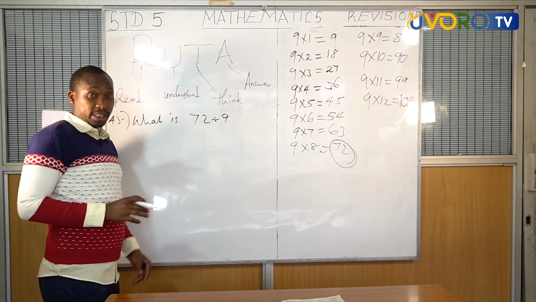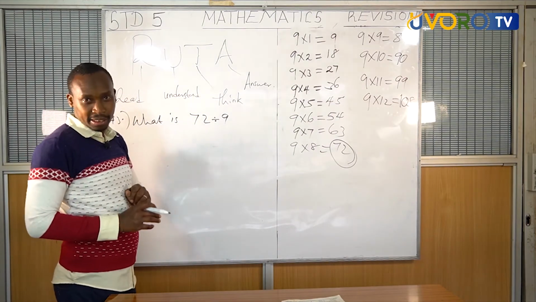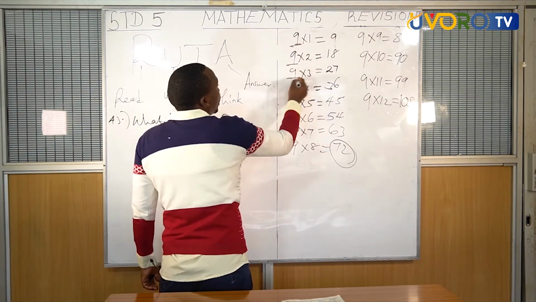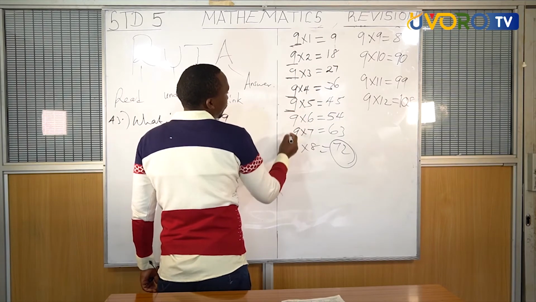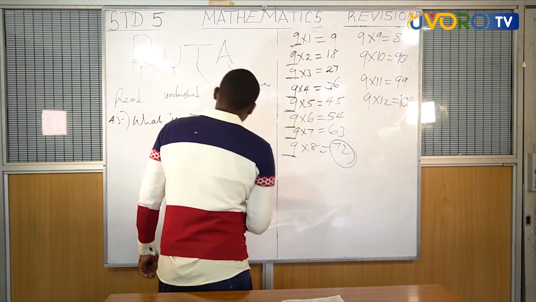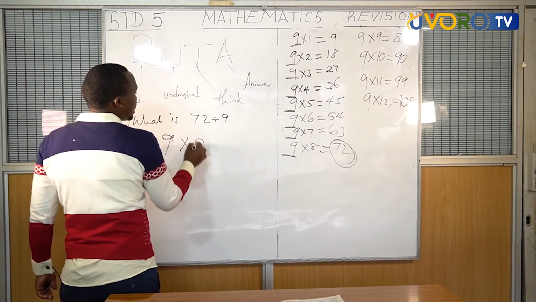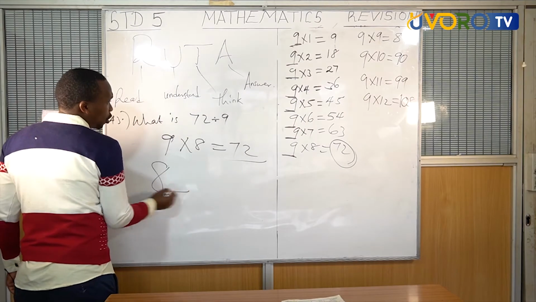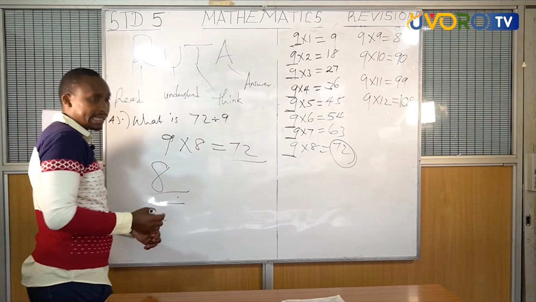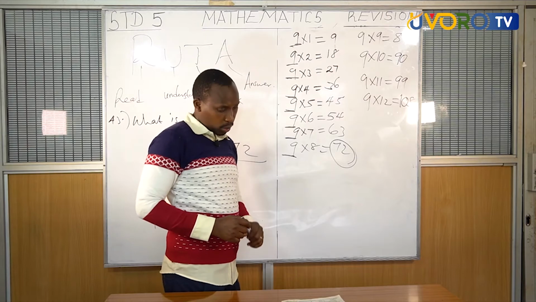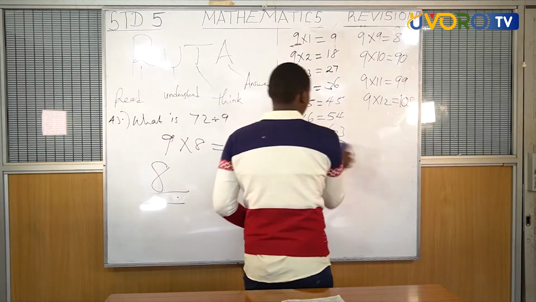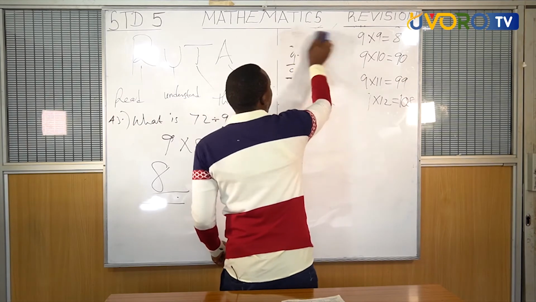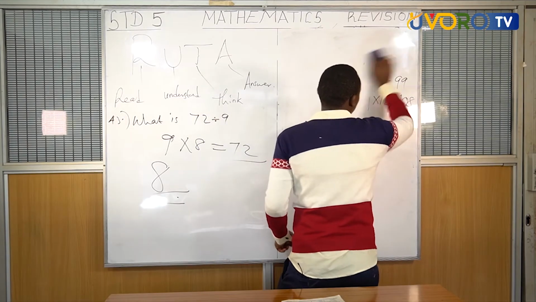Now, let's count how many 9s for you to arrive at 72. 1, 2, 3, 4, 5, 6, 7, 8. So it is 9 times 8, which is 72. So our answer is 8. We go to question number 44.